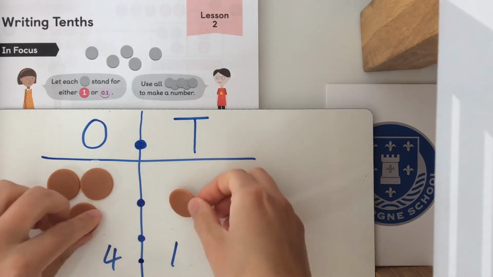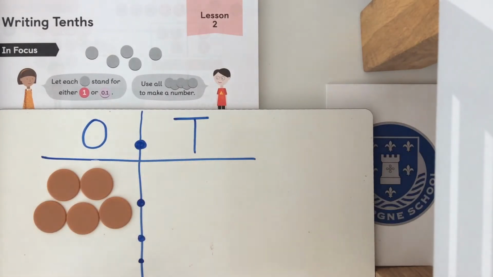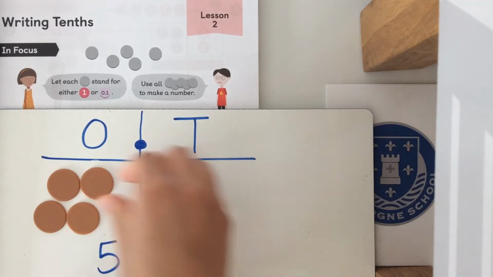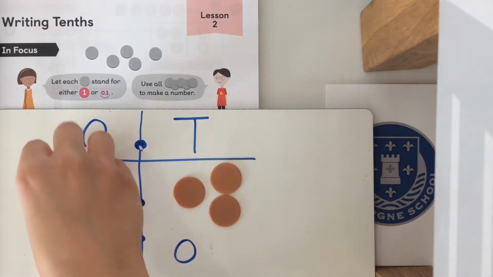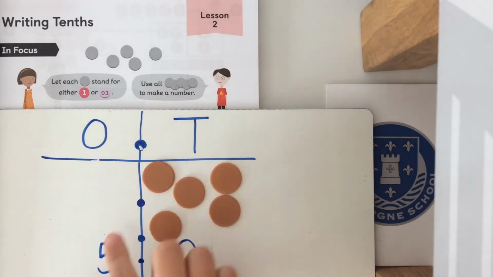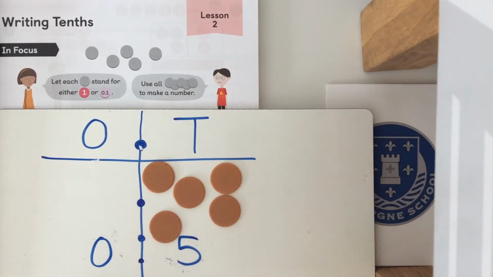Or you could have made 5 ones and 0/10, so that would just be 5. Or you could have made 5/10. So overall we can make 6 different numbers using these 5 discs.